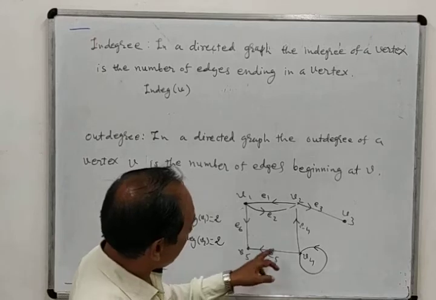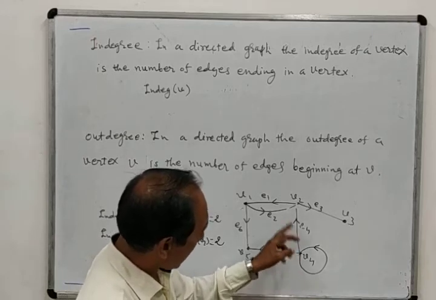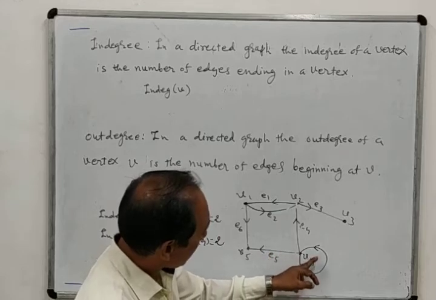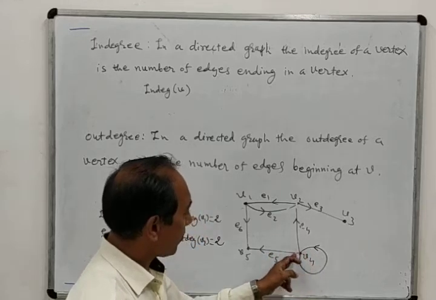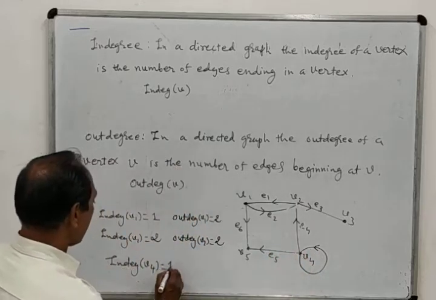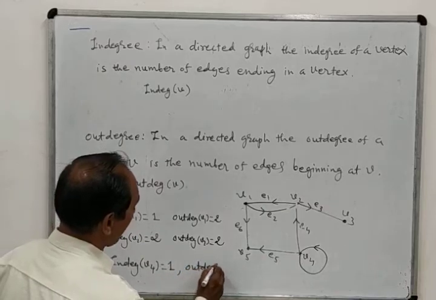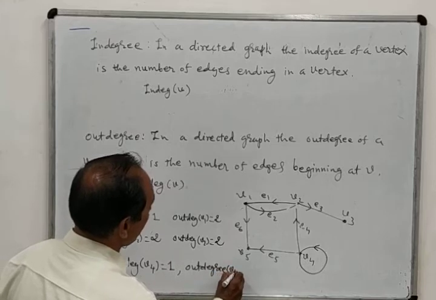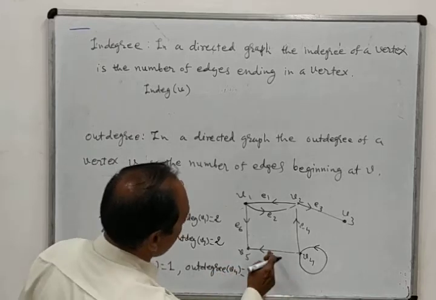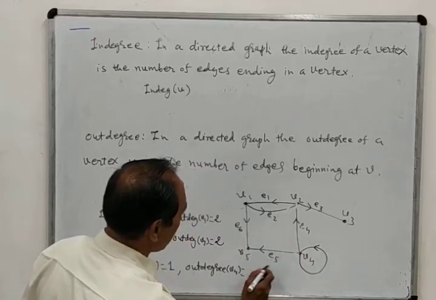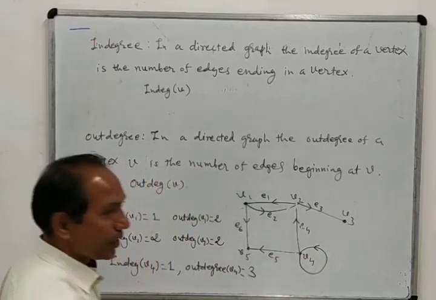In degree means the edges whose direction is coming towards V4. This one is not coming, but this self loop we consider as coming. So in degree is 1. And for out degree of V4, as this is going outside, we can also consider the self loop as outgoing. So there are 3 edges, so out degree is 3.